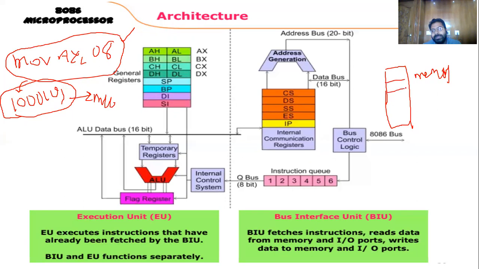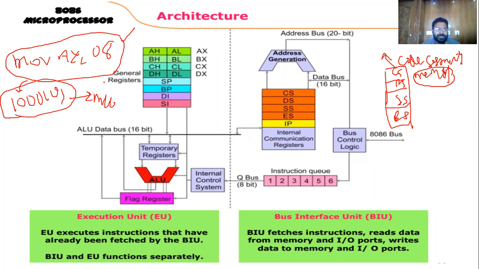In memory, you have 4 logical segments: CS, DS, SS, ES. The codes are available in the code segment, and these code segments are available in the memory.